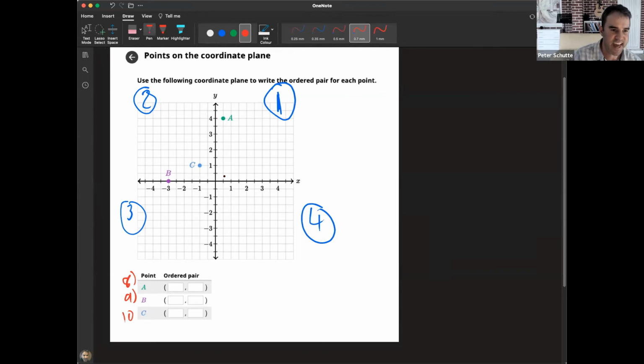Now the point A, if I go up from the x-axis, it's in line with a half, because there is 1 over there. So it's halfway between 0 and 1, so it's a half. And then it's in line with 4 on the y-axis. So for me, A is going to be the point (a half, 4).